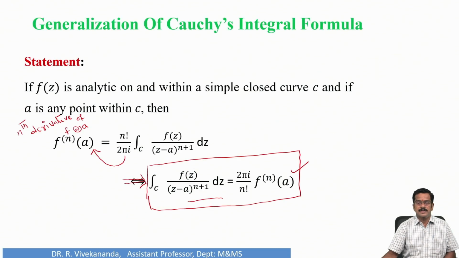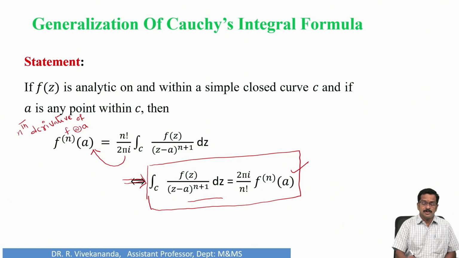And generalized Cauchy's integral formula says if there are n number of singular points inside the closed contour C, then the integration of that function over the closed contour C is going to be 2 pi i by n factorial into the nth derivative at a.